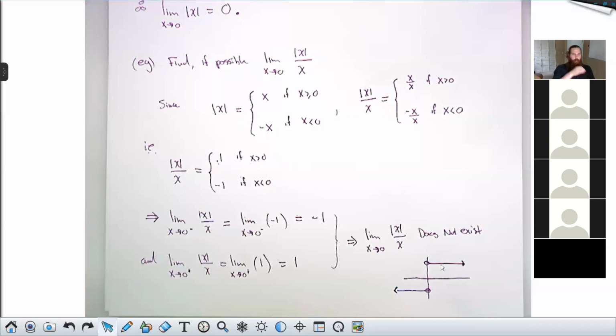Questions on this slightly more complicated absolute value problem? Okay.